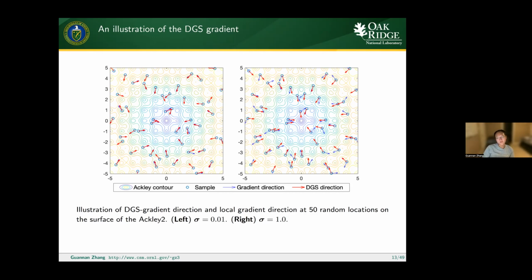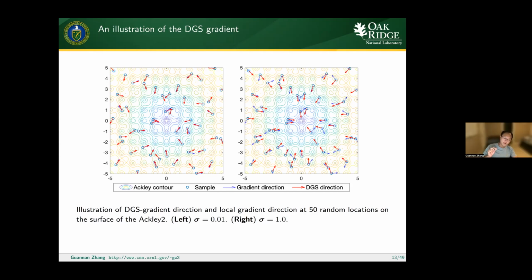So the smoothing is really to smooth out the local fluctuation and capture the global structure. That is why it can find this global minimizer. So the analysis will show this.